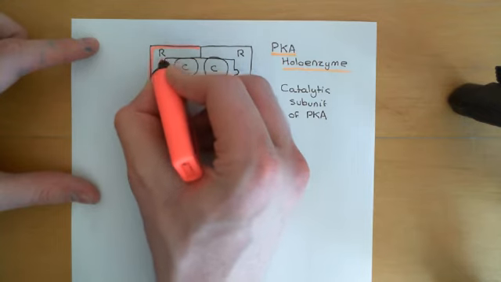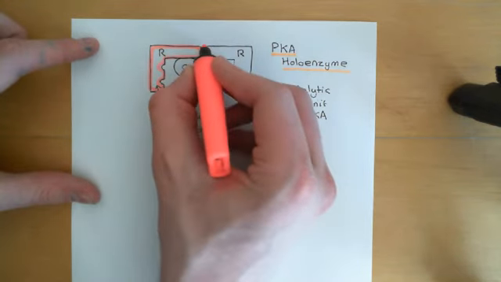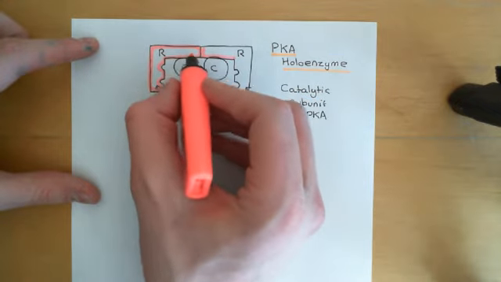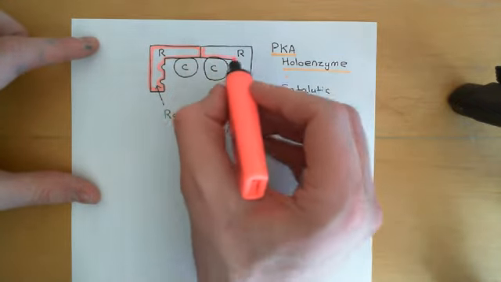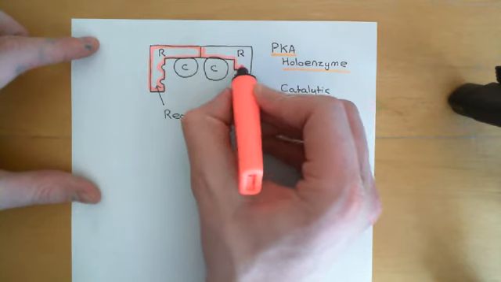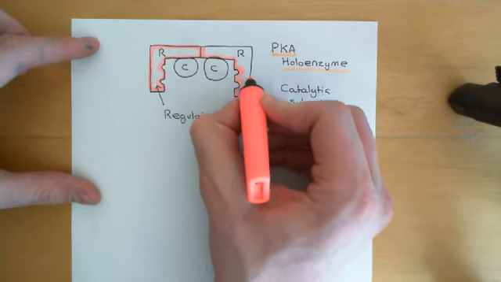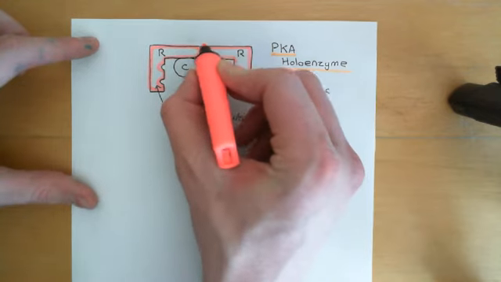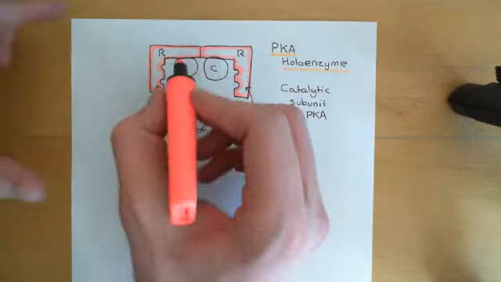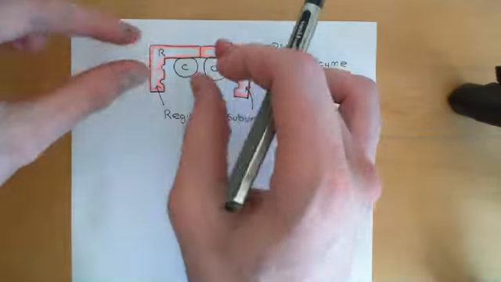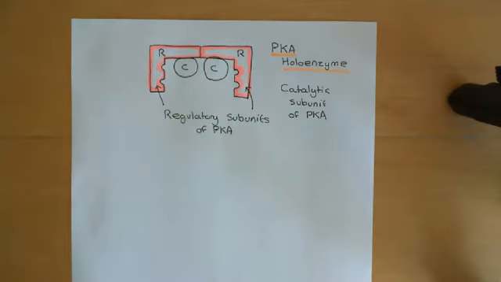Now the difference between protein kinase A and protein kinase G effectively is that in protein kinase A, the regulatory subunit and the catalytic subunit are actually separate proteins, whereas in the case of protein kinase G, they're all one protein. If you imagine that the regulatory subunit and the catalytic subunit were one protein, then this would just be a dimer and it would be exactly like protein kinase G.